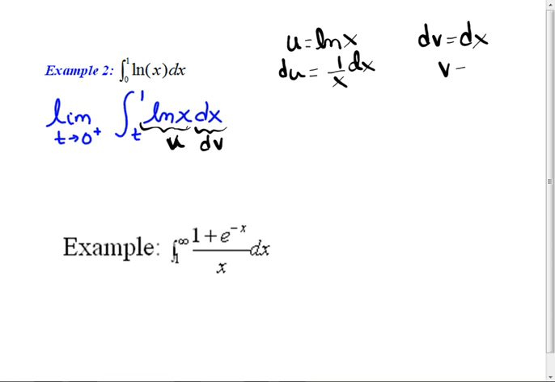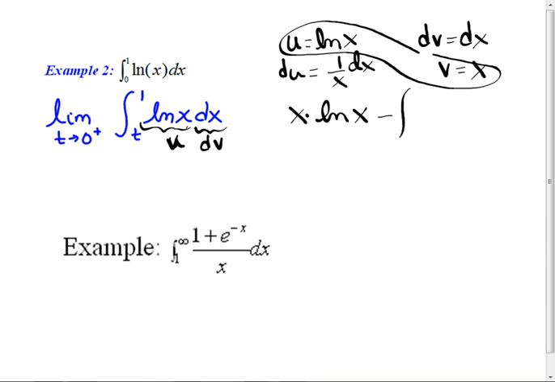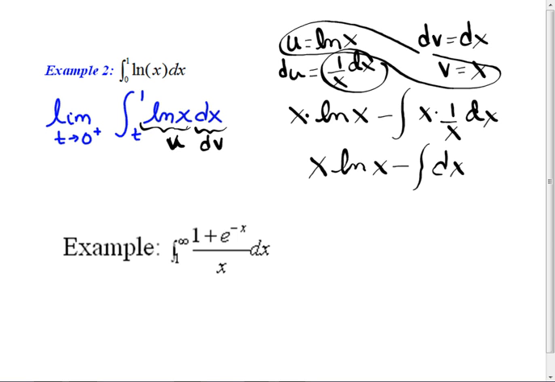So v is equal to x. So it's u times v, x times the log of x, minus the integral of v du. So it's x, and du is 1 over x dx, which gives you x log x minus the integral of dx, so x log x minus x.